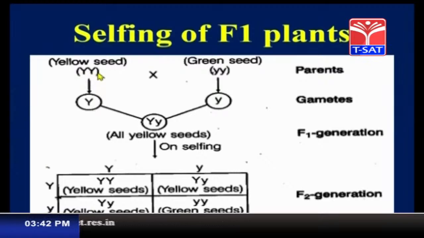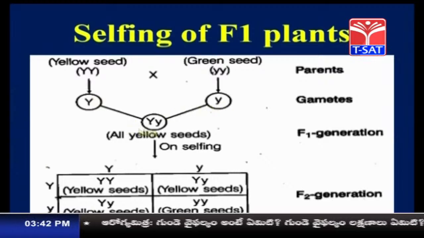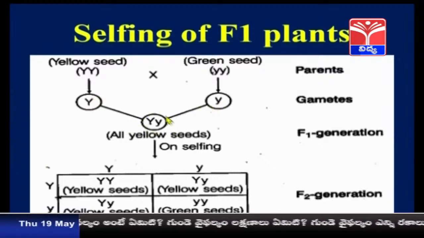So from capital Y only one allele enters the gamete. So similarly over here these are two alleles small y, out of this only one allele enters the gamete. So crossbreed takes place and you get F1 generation.